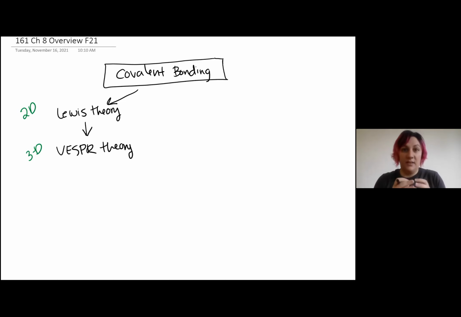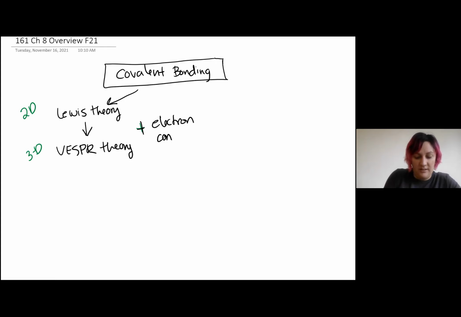So we can now build on VSEPR theory even more, because if we just take a look at how these geometries are arranged based on Lewis and VSEPR theory, we can't really explain it. It doesn't make sense that everything is repelled based on where the electrons are in the orbitals. So really it's trying to take VSEPR theory, Lewis theory, and our ideas of the electronic structure of an atom, so electron configurations.